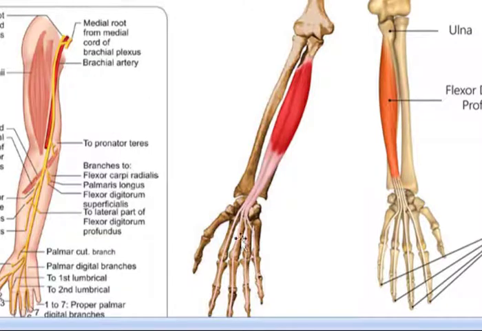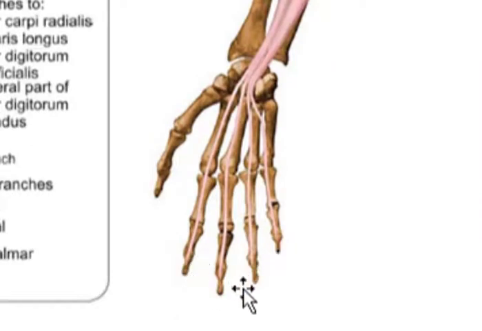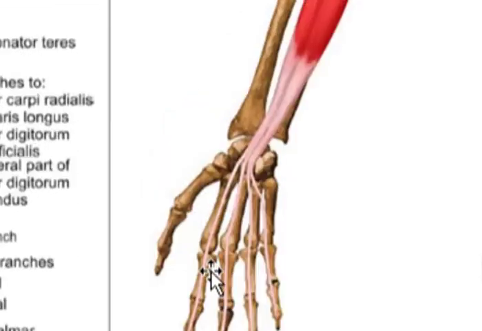You can see here, right? This is its origin point, and here in the phalanges 2 to 5, the palmar surface of the distal phalanges. Distal means away. These are the proximal phalanx, middle phalanx and distal phalanx, right? So the tendon of this muscle inserts here.